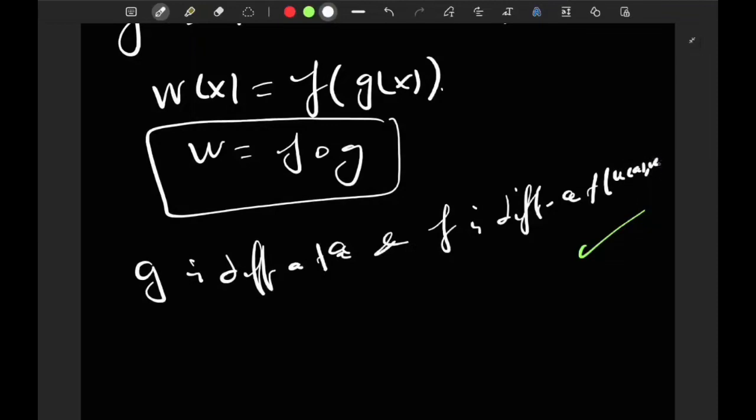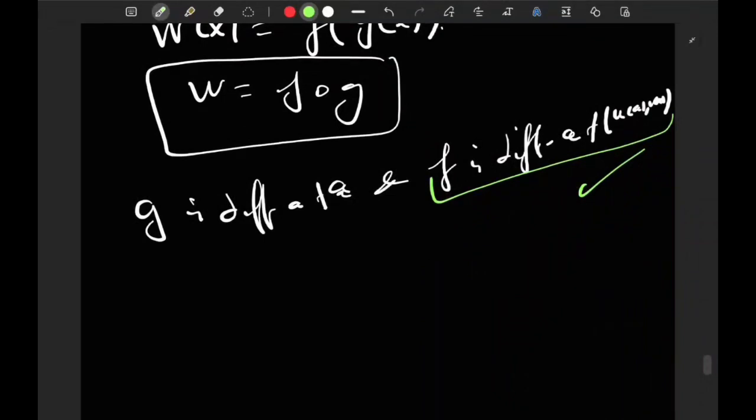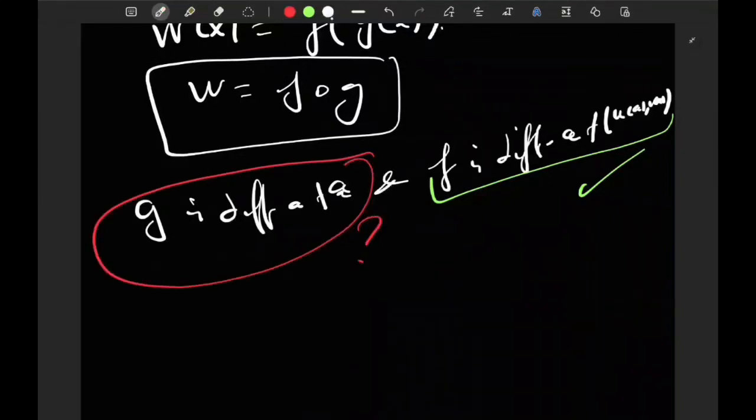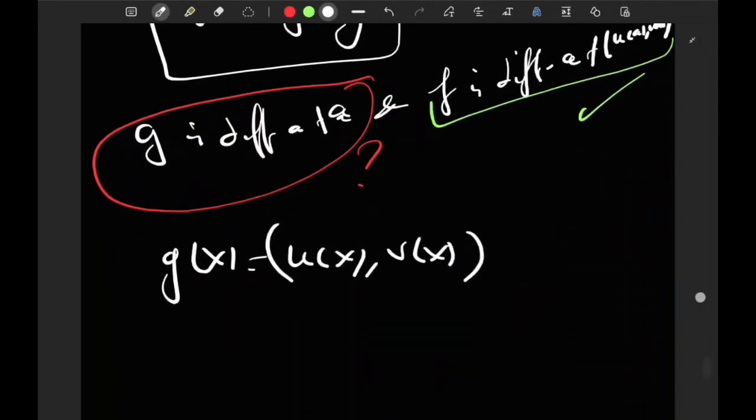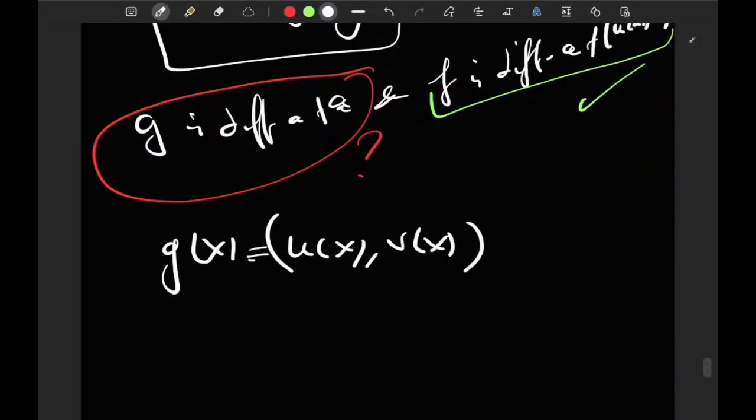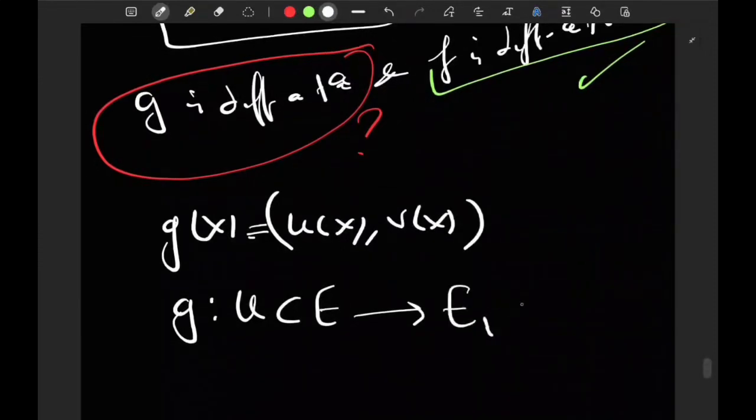Again, I have this for free regardless, because f is differentiable everywhere, and this is what I'm missing: G is differentiable at a. So how do you prove this? G of x is the map u of x, v of x. Let's look closely at G. G is just a map from U, a subset of E, into the product space E1 cross E2, right?